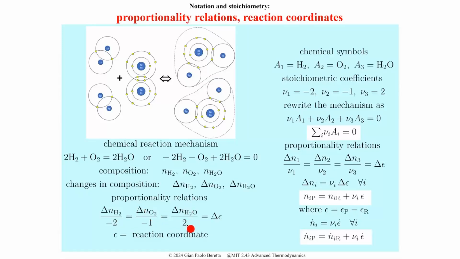This ratio we're going to call the reaction coordinate, or change in reaction coordinate. That defines the reaction coordinate, the change over the stoichiometric coefficient. Notice that the stoichiometric coefficient must be taken with the proper sign: negative for the reactants and positive for the products.